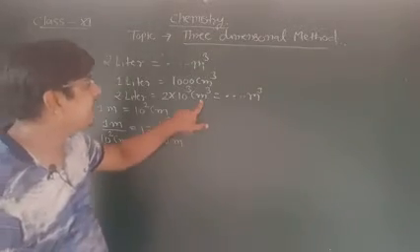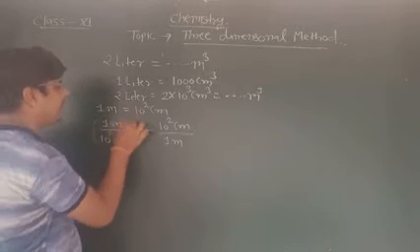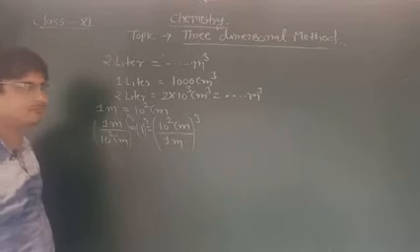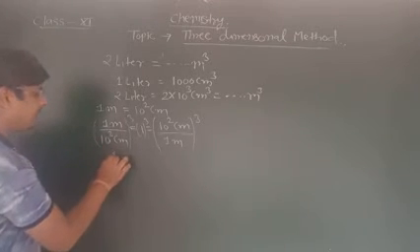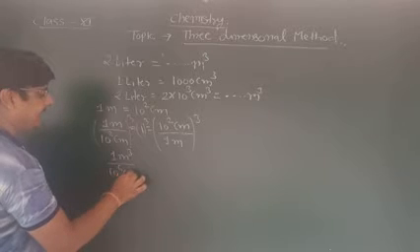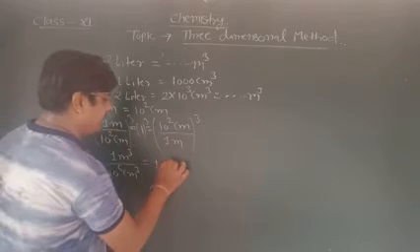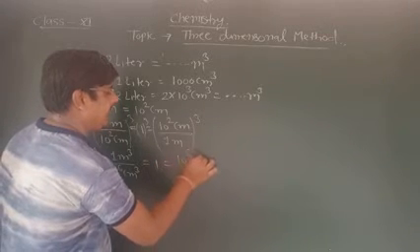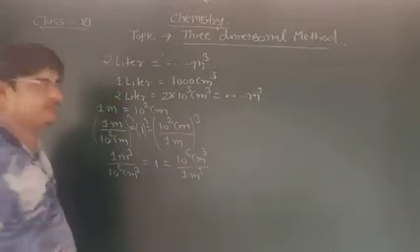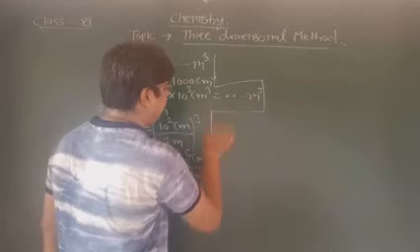But here the unit is centimeter cube, so you will have to take the cube. So 1 meter cube upon 10 to the power 6 centimeter cube is equal to 1, which is equal to 10 to the power 6 centimeter cube upon 1 meter cube. Am I right? Got it?